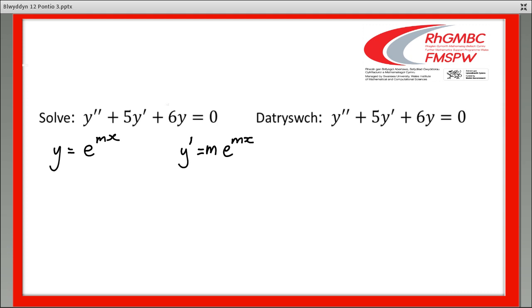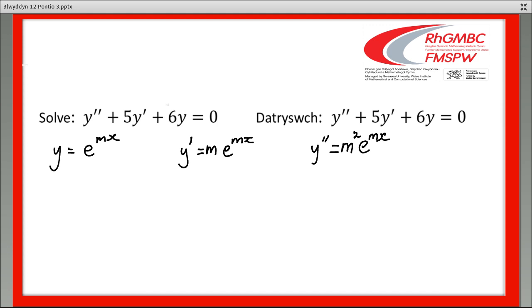And then we differentiate the second time. So y double dash equals, differentiate the exponential, we've got e to the mx, and then we've got our original m from the first differential, but now we're differentiating again. So we have to multiply by m again. So it's m squared.